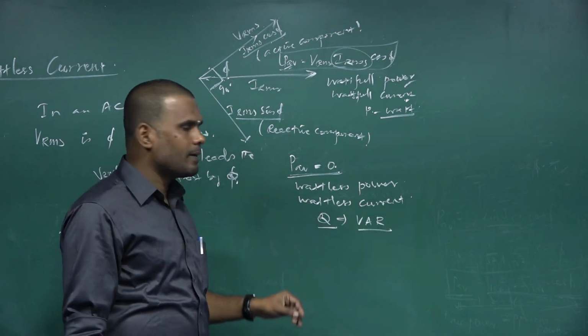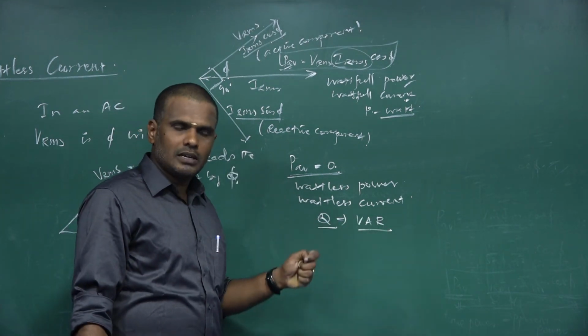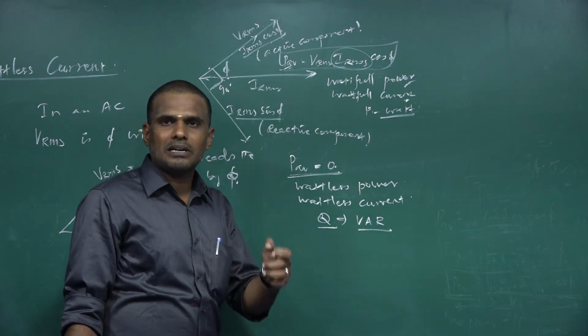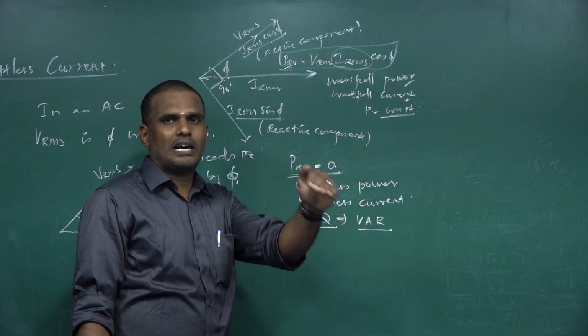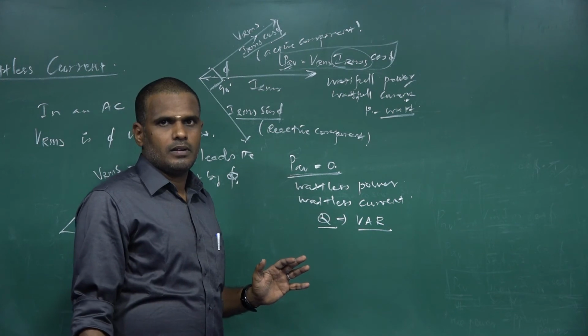And we can say here, any circuit in which the average power consumed over one complete cycle is 0 is called wattless current. Right?